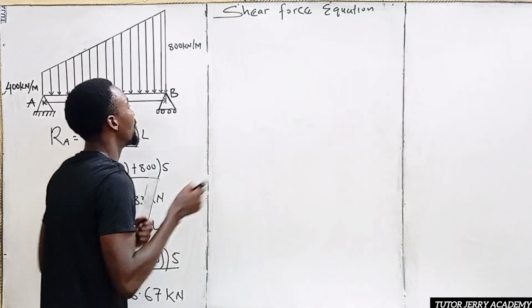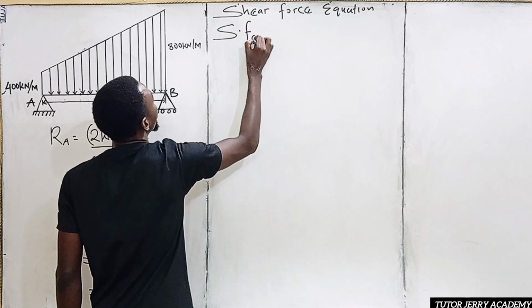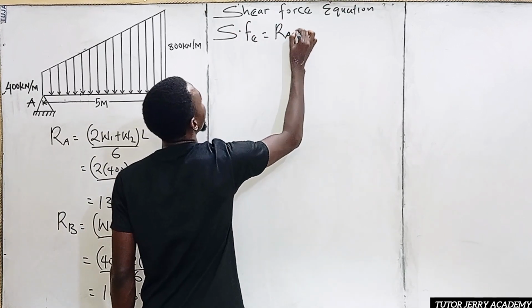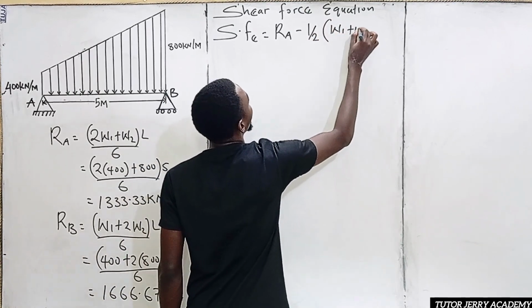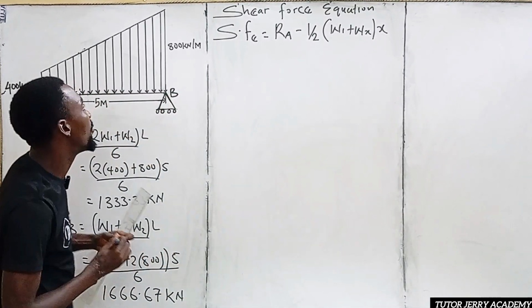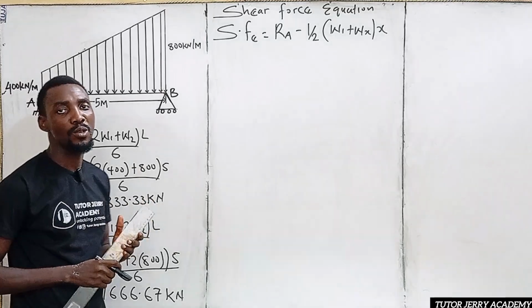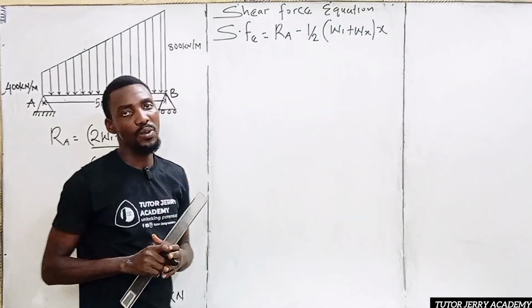The equation we derived for the shear force is equal to the reaction at A minus half into (W1 plus WS) multiplied by S. We know what our reaction at A is and what our W1 is, but we don't know the value of WS.